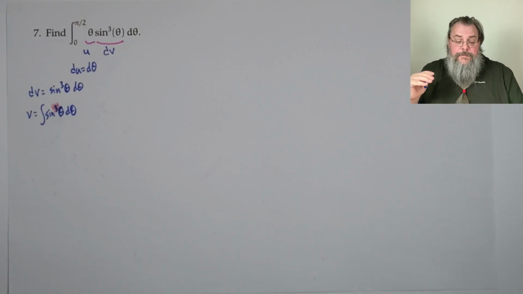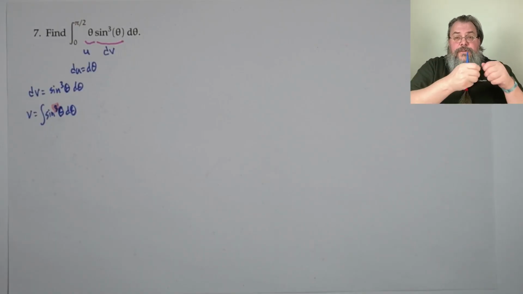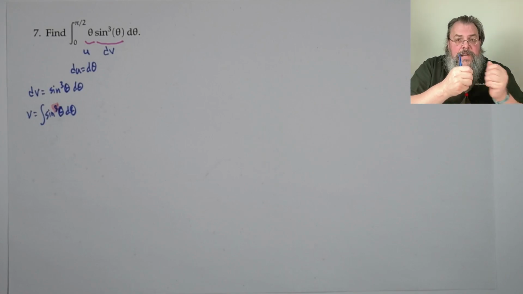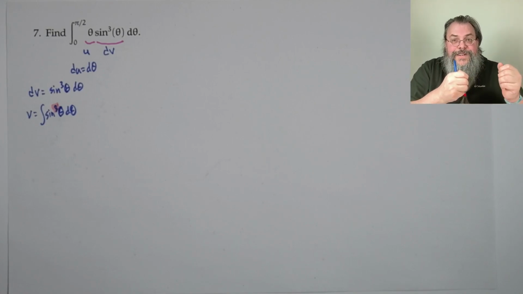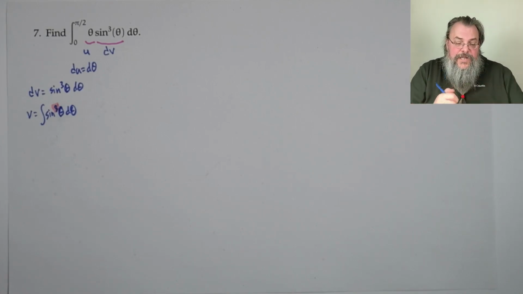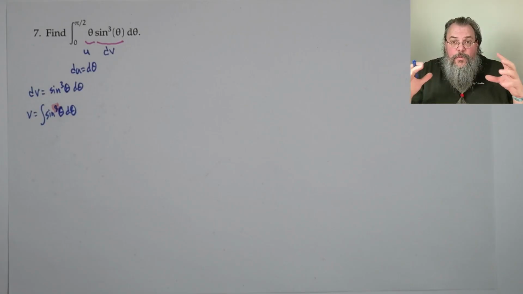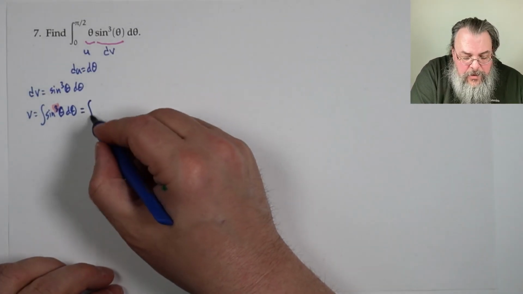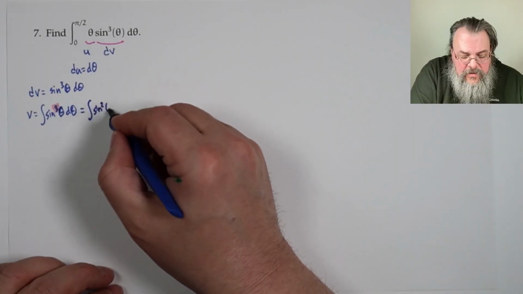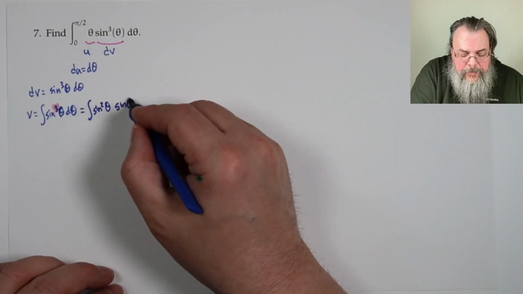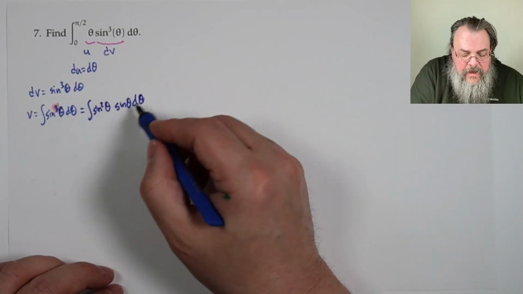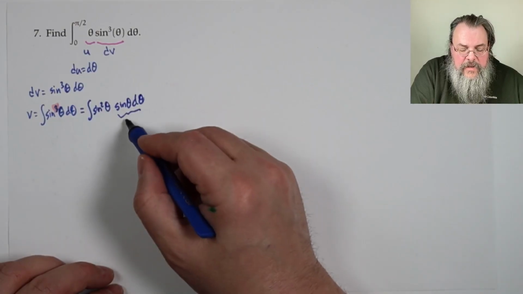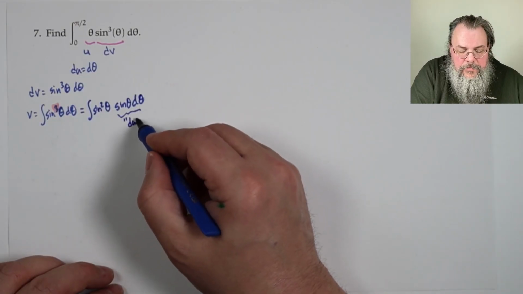Now, when you have odd powers of sine, what you can do is pull off a sine to the end, and then deal with what's left. So in our case, let's pull off one of our sines. So sine squared theta times sine theta d theta, and this part right here is going to become our dw.